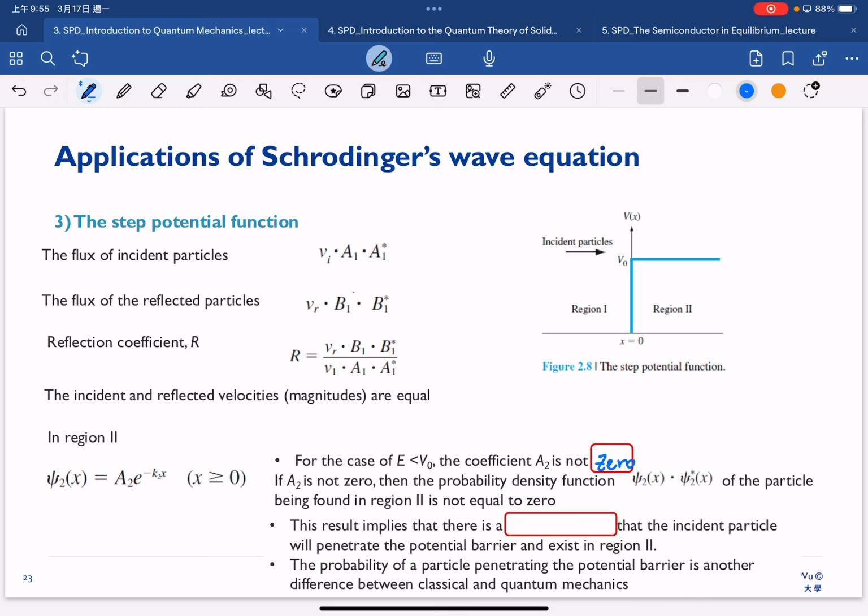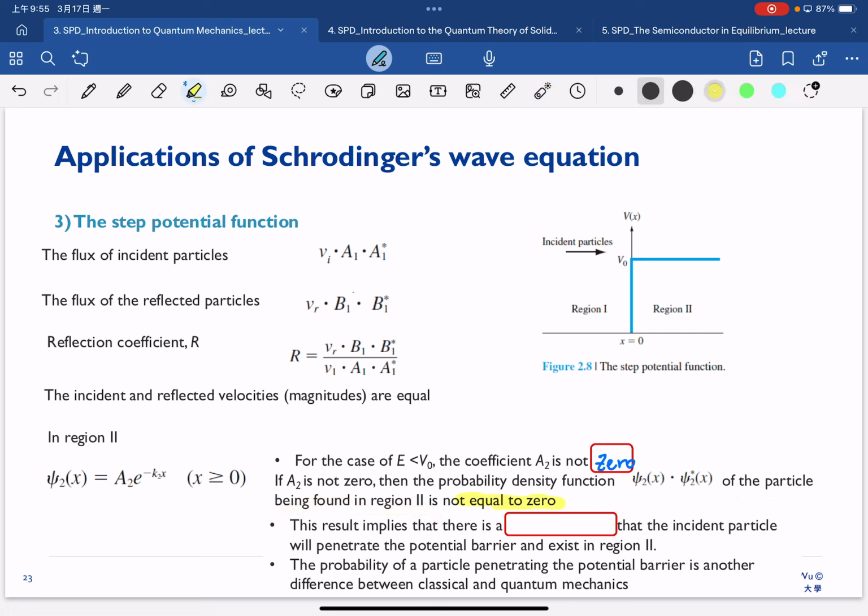If A2 is not 0, that means the probability density function, which we have already shown, of a particle being found in region 2 is not equal to 0.